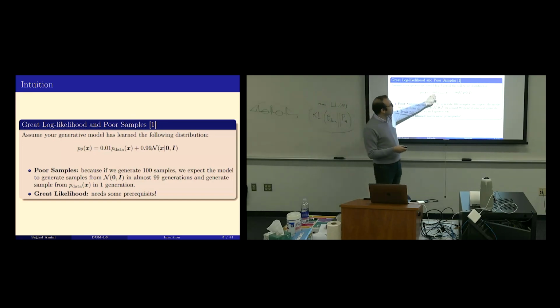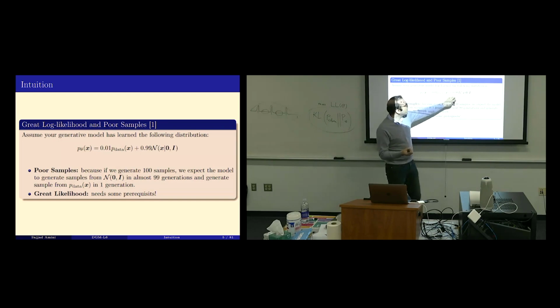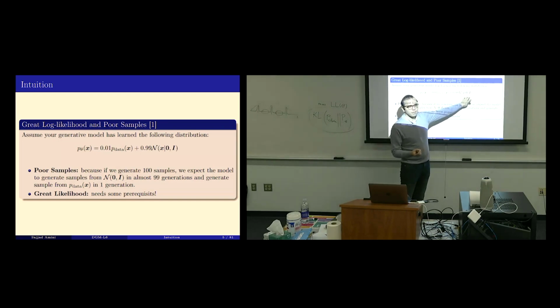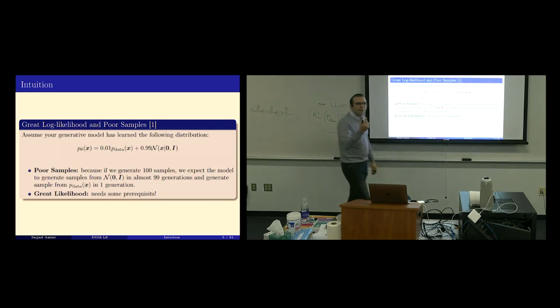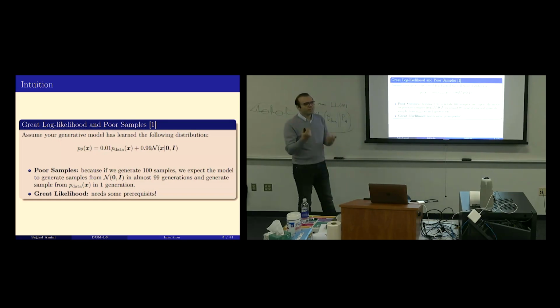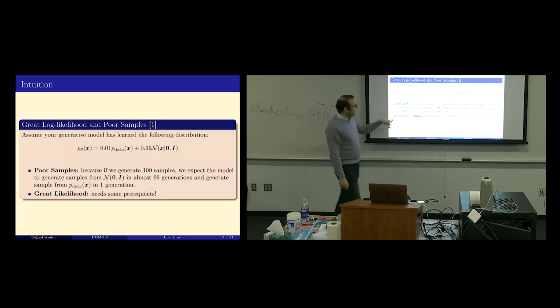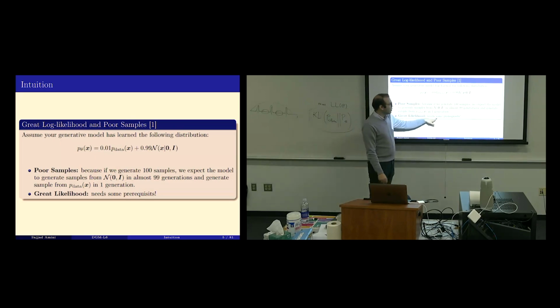In 1% of your trials, it gives you great data from the data distribution, but in 99% it gives you random data. So just 1 in 100 gives you a great sample. So it is not a good model in terms of sampling great samples. But why does it have great likelihood?